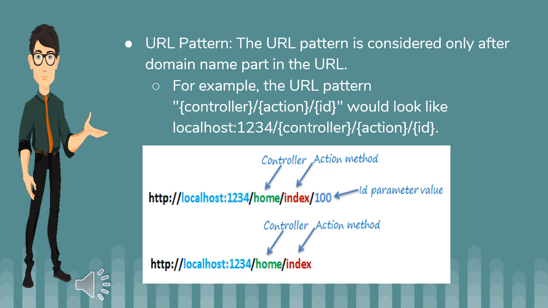The same way, anything after the controller name would be considered as action name and then value of id parameter. If the URL doesn't contain anything after the domain name, then the default controller and action method will handle the request. For example, localhost:1234 would be handled by the Home controller and Index method as configured in the defaults parameter.